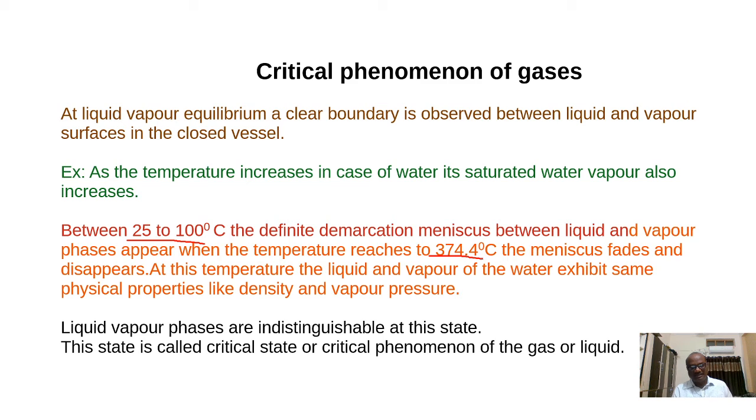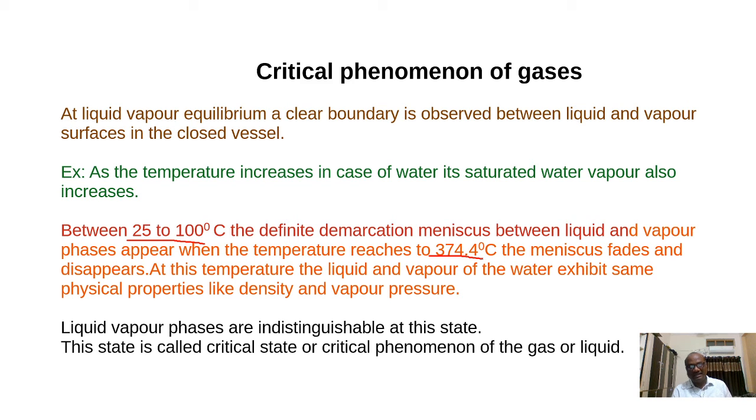At this temperature, liquid and vapor of water exhibit the same physical properties. What are the physical properties? For example, the density or vapor pressure. Means at 374.4 degrees centigrade, the liquid and vapor cannot be distinguished separately.